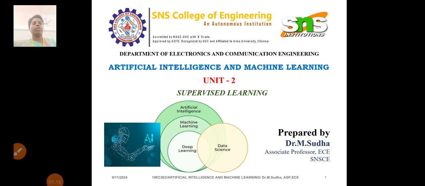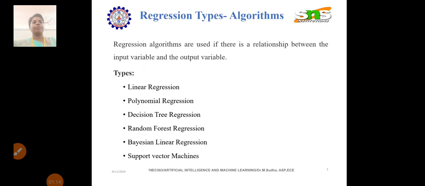Today we are going to discuss the regression algorithms in detail. Regression algorithms are used if there is a relationship between the input variable and the output variable. The input variable may be the independent variable, and the output variable is the target variable.